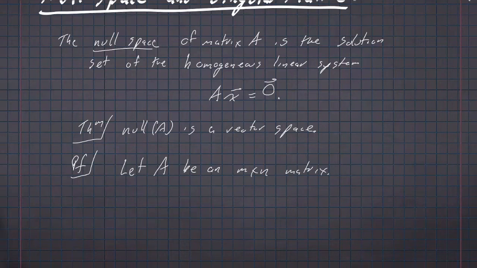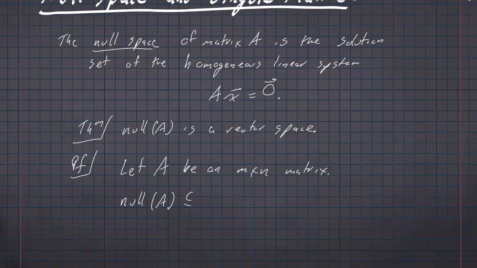All right, so let's let A be an m by n matrix. And the solutions to a linear system formed by an m by n matrix are going to be n-dimensional vectors.